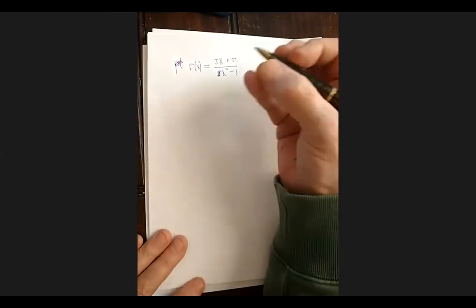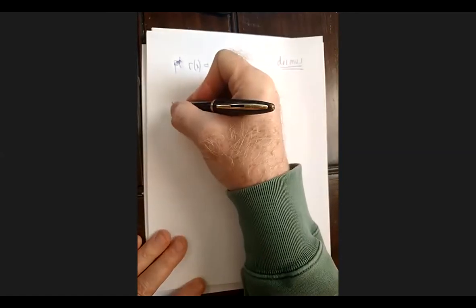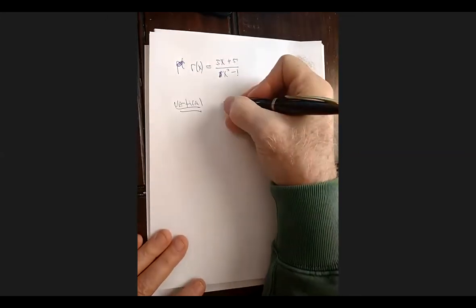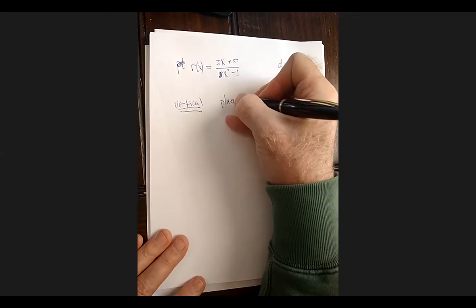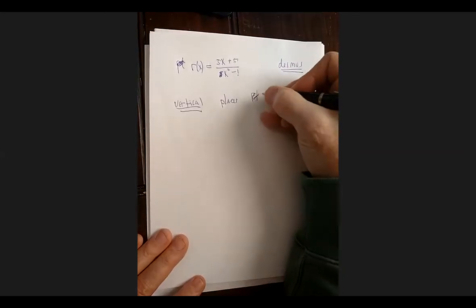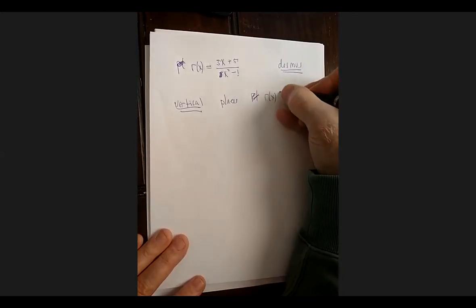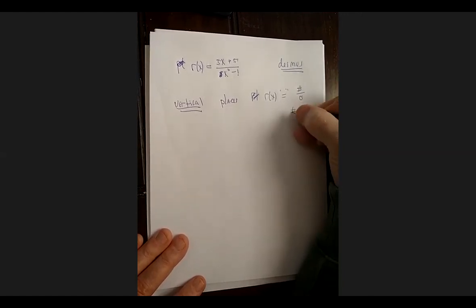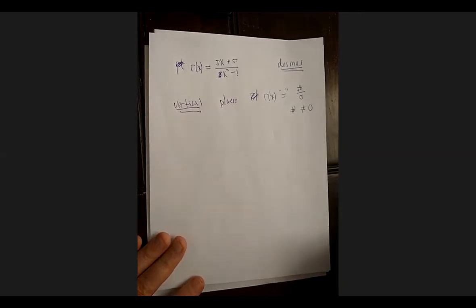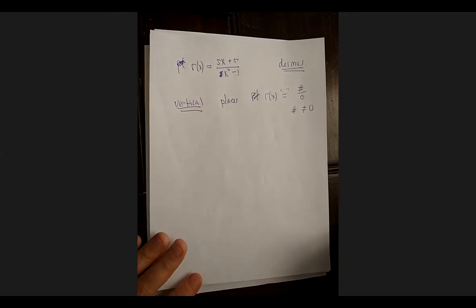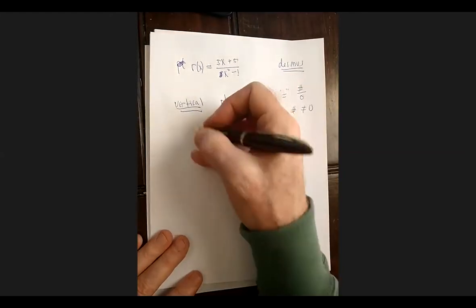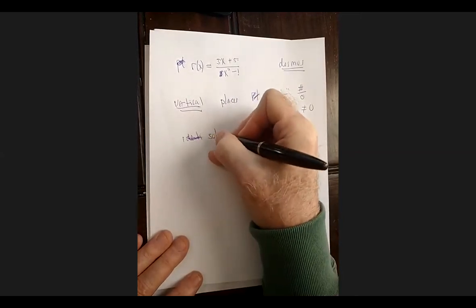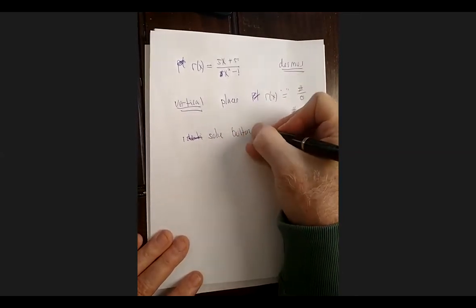There's a couple of things we want to look at, vertical asymptotes. Those are places where r of x looks like some number over 0, where that number is itself not 0. To find vertical asymptotes, the best step is to solve the bottom equaling 0.